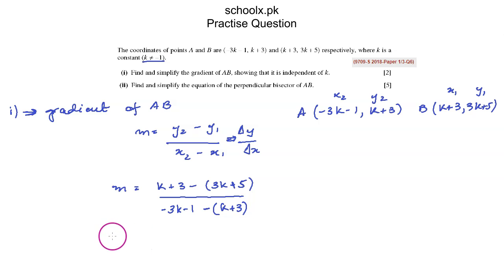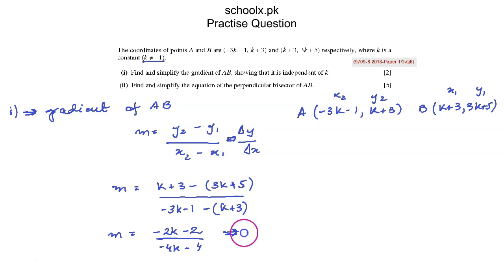If we compute this, we get (-2k - 2) over (-4k - 4). They have asked us to prove that the gradient of AB is independent of k, so there must be no k in this expression.